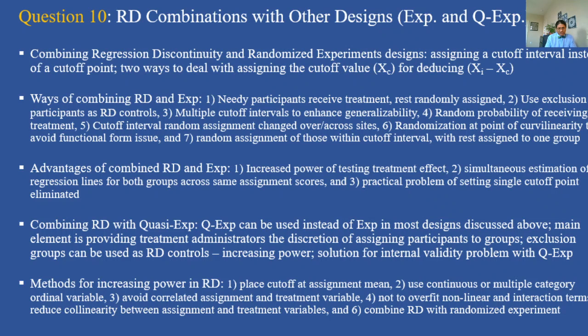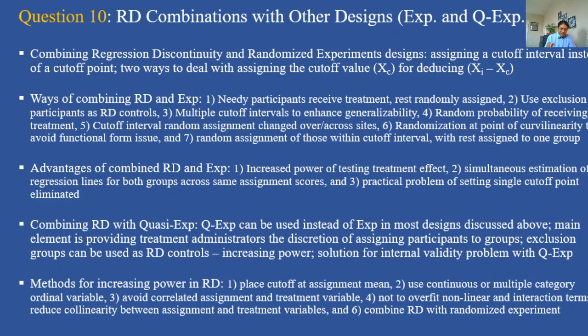The other combination the book talks about is combination between a RD design, a regression discontinuity design, and quasi-experiment. So a quasi-experiment can replace all the randomized experiment in all the types of combinations we discussed a while ago when combining with the regression discontinuity design.